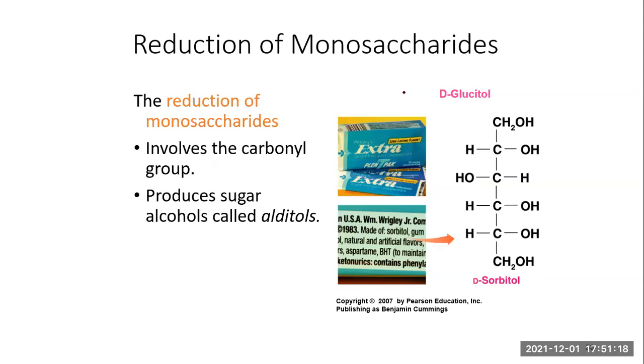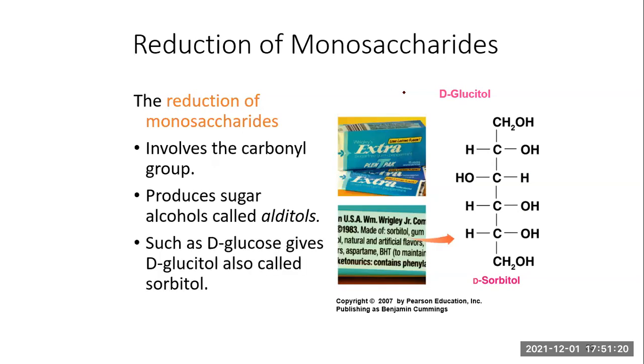Now, the reduction of monosaccharides involves a carbonyl group, and it will produce what is sometimes referred to as a sugar alcohol. If you go through the reduction process, you get a sugar alcohol, and alcohol, like in organic chemistry, is the OH group. We have a lot of OH groups here, and they're referred to as sugar alcohols because the base of it is a sugar molecule, a carbohydrate molecule.